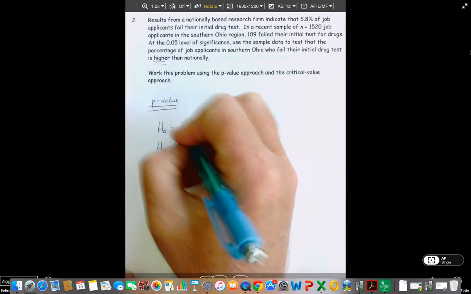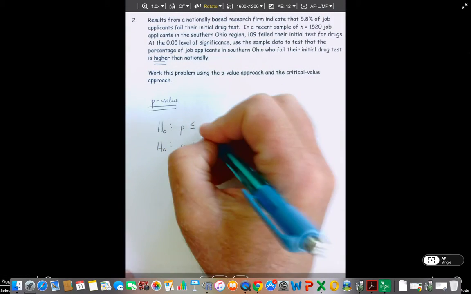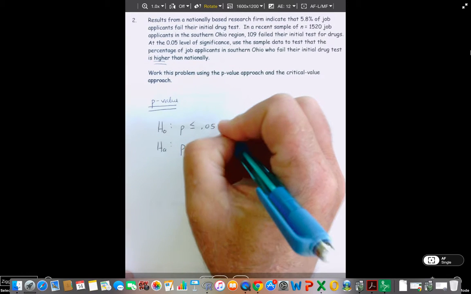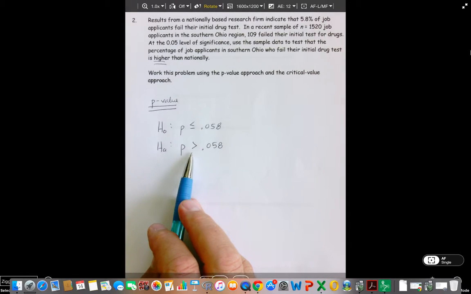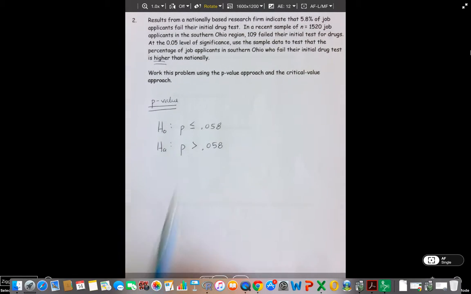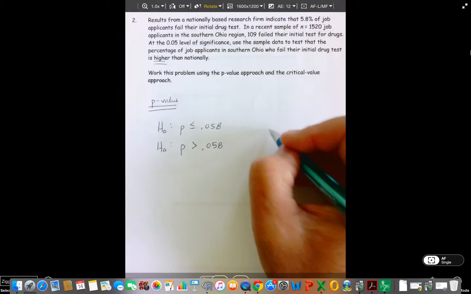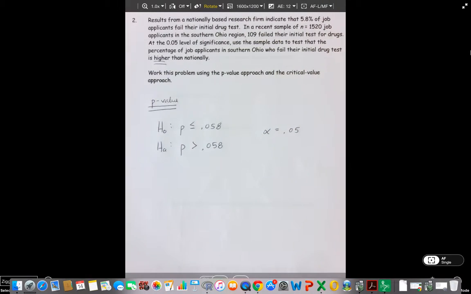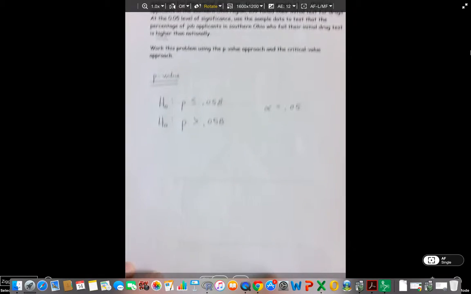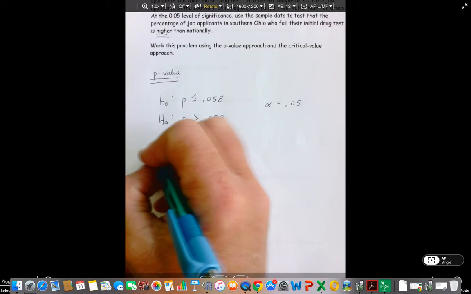So, guys, opposite of this, again, I prefer just to put the equal there, but your textbook prefers less than or equal when you have a one-tailed test. Doesn't work that way with not equal to. And the alpha level here is 0.05. Now the next thing we need to test is our sample.